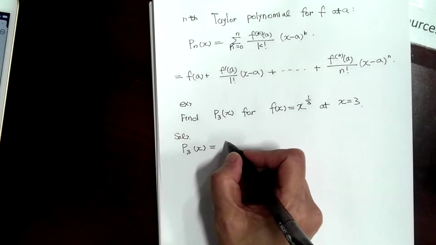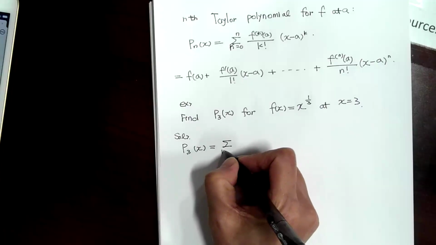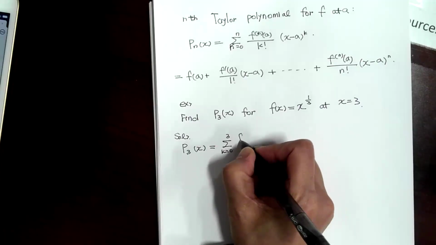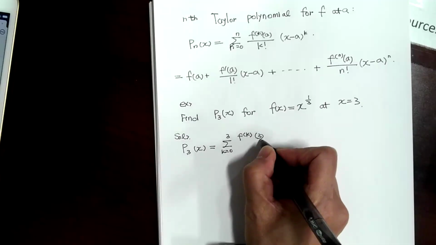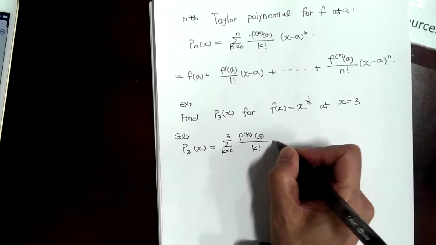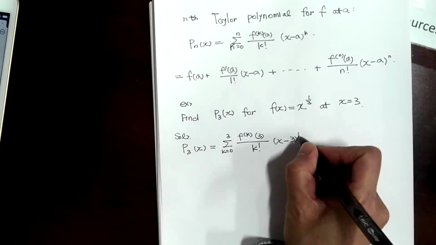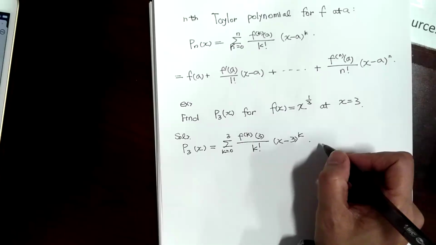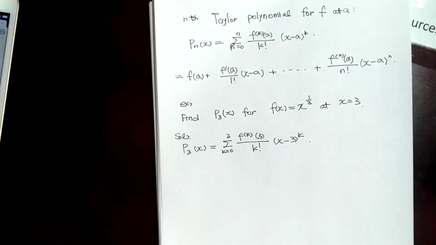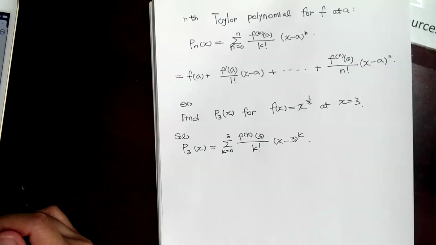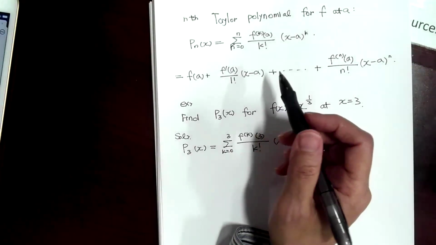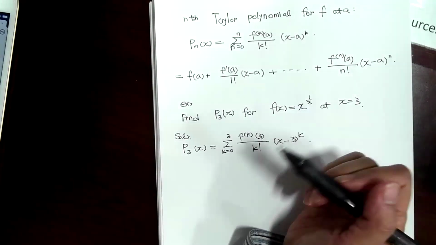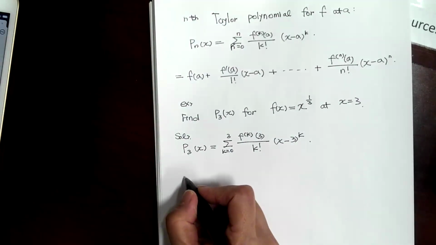By its definition, the third Taylor polynomial is the summation k equals 0 to 3 of the kth derivative at 3 over k factorial times (x minus 3) to the k power. That means we have to think about f of 3, f prime of 3, the second derivative of f, and the third derivative of f at 3.